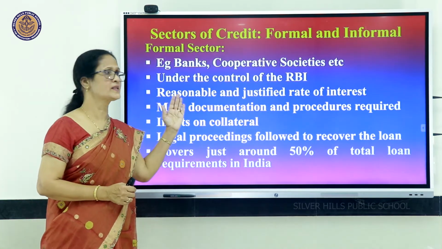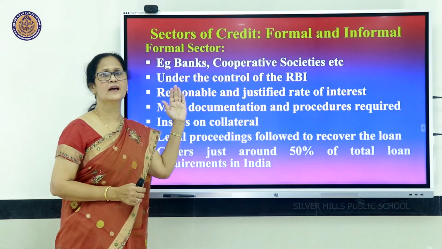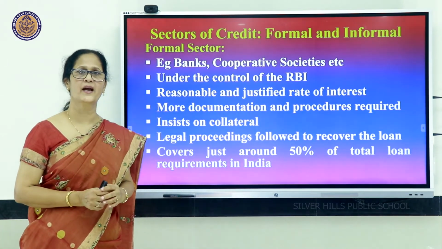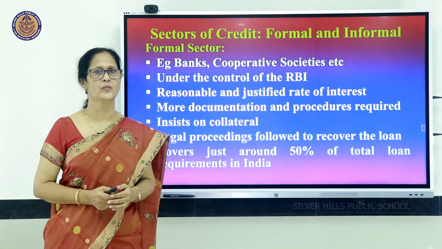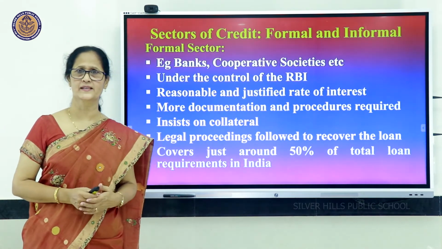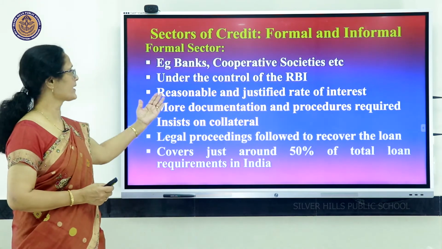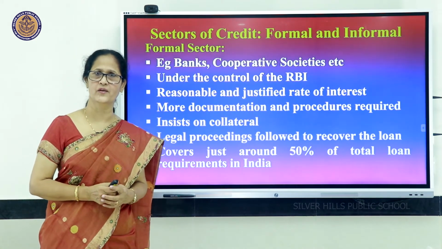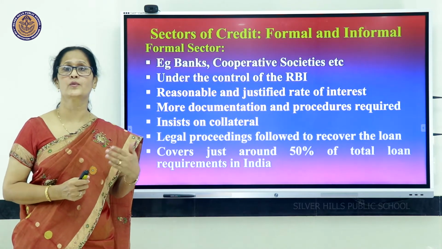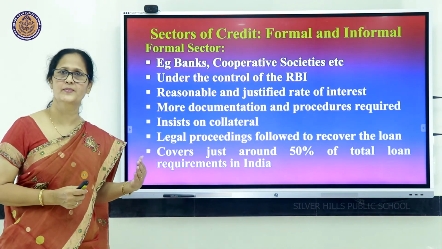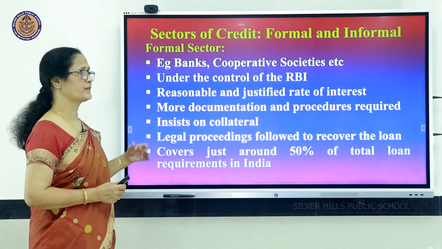Formal sector loans are under the control of the Reserve Bank of India. Why are loans taken from banks and cooperatives called formal sector? Because they are under the control of the Reserve Bank of India and they have to follow certain rules and regulations set by the Reserve Bank of India.